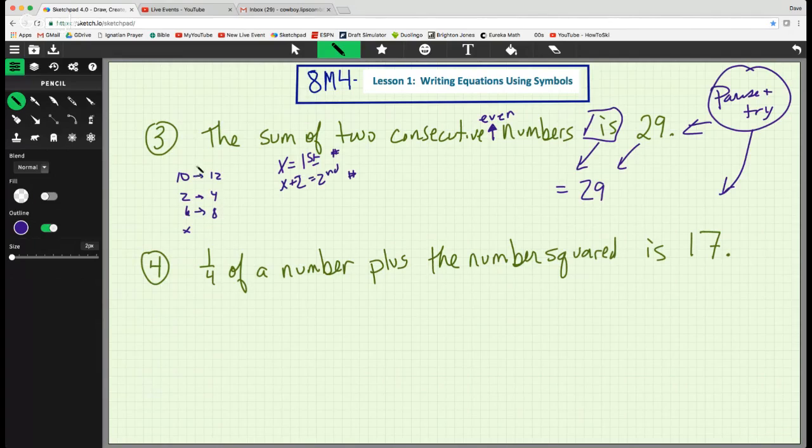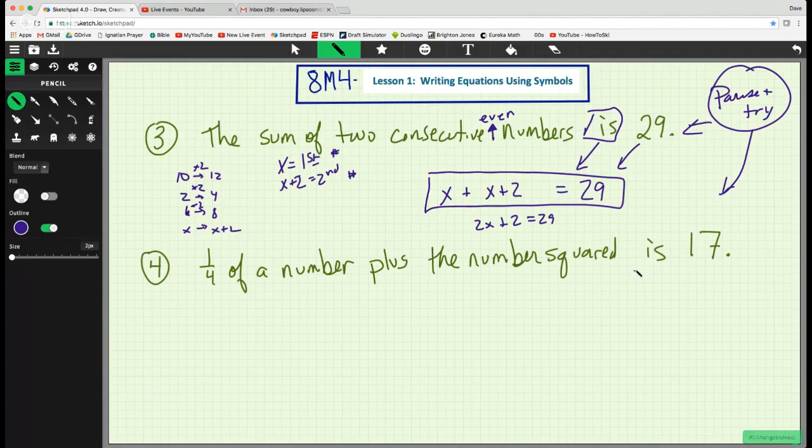So this is all plus 2, plus 2, plus 2. So we go x and x plus 2. So the sum of two consecutive even numbers would be x plus x plus 2 equals 29, or 2x plus 2 equals 29. You can keep going from there.